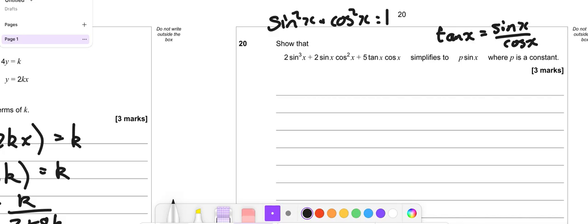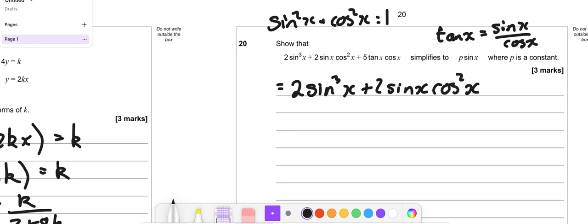So this equals 2 sine cubed x plus 2 sine x cos squared x plus 5 sine x over cos x times cos x. That's 5 sine x.